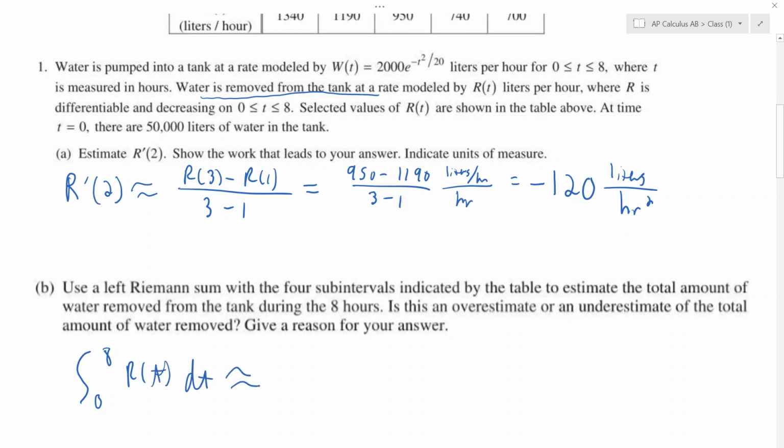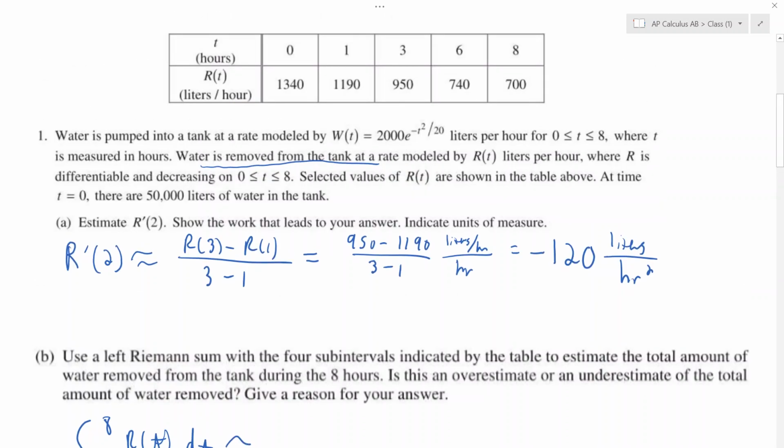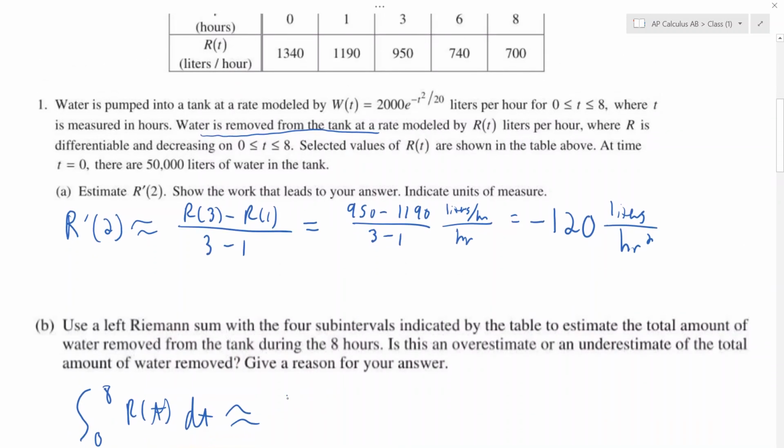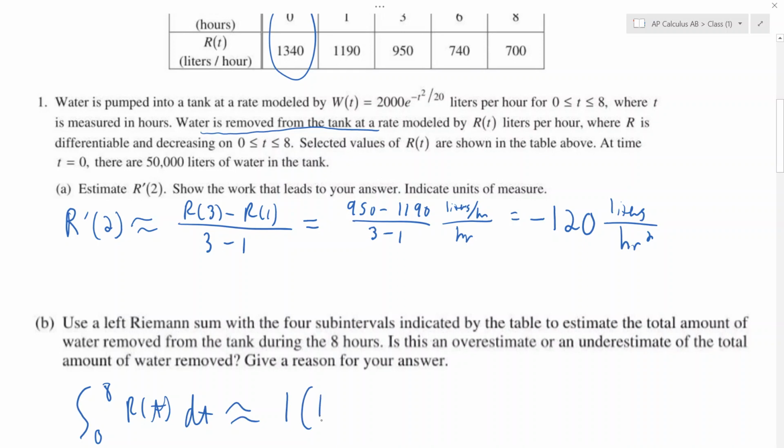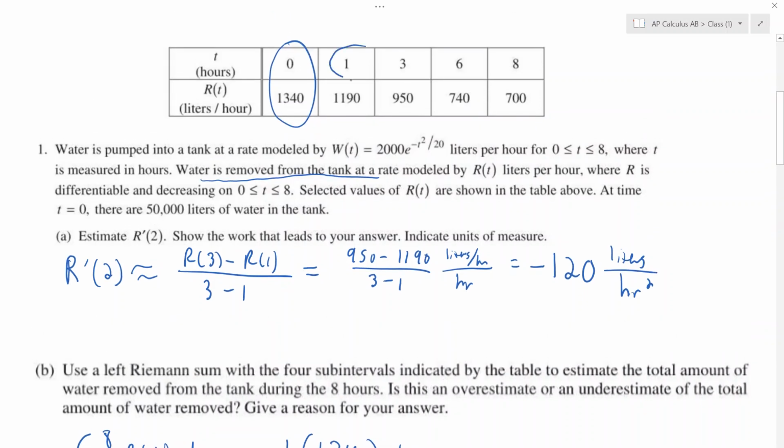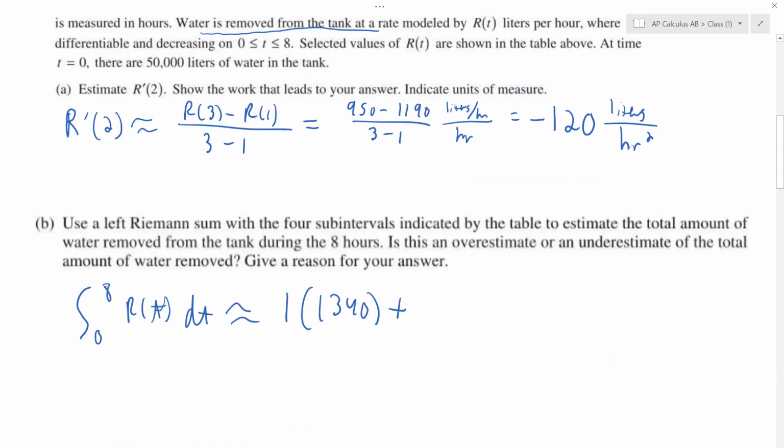It's approximately equal to, we're doing a left-hand sum. So our first interval is a base of 1, right? Remember, we're just looking at this. It has a base of 1 and a height on the left side of that is 1340. Okay, so it's 1 times 1340, plus the next interval has a width of 2 and a height of 1190.